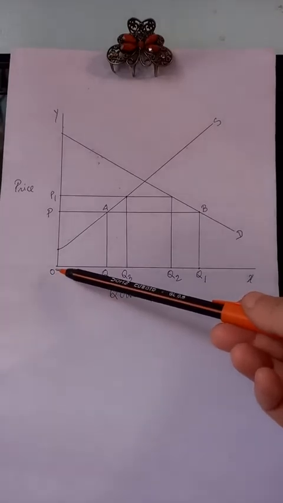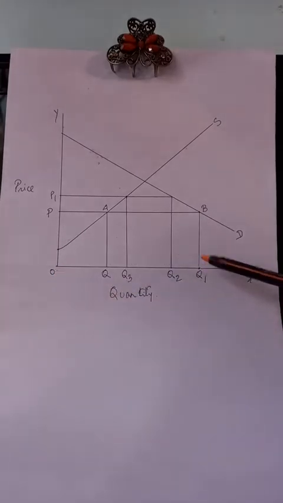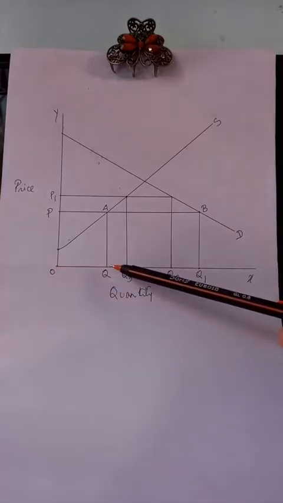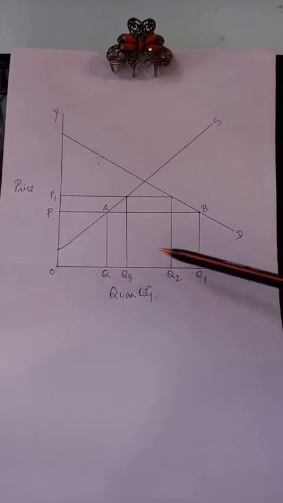Out of this total quantity being demanded, OQ1, only OQ is being produced or supplied at home, which means QQ1 is being imported from outside.